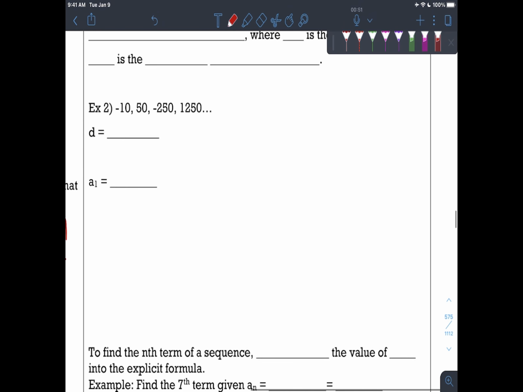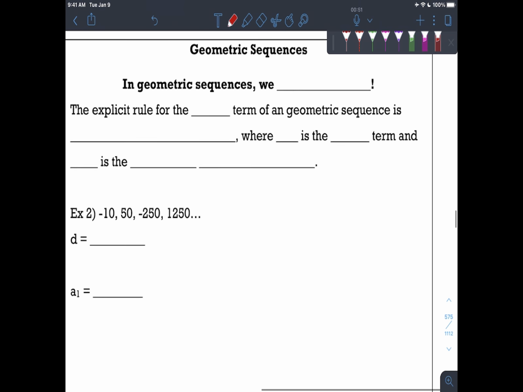All right, let's keep going. So, geometric sequences. In geometric sequences, we multiply.